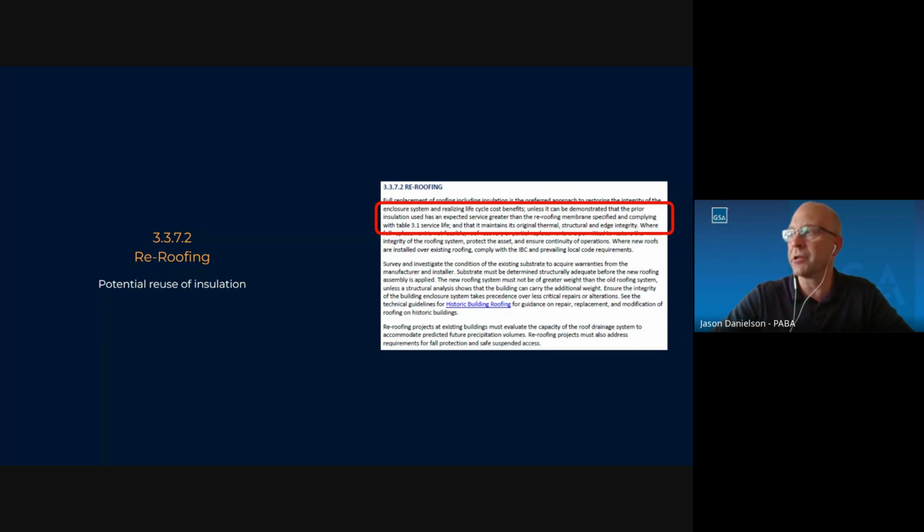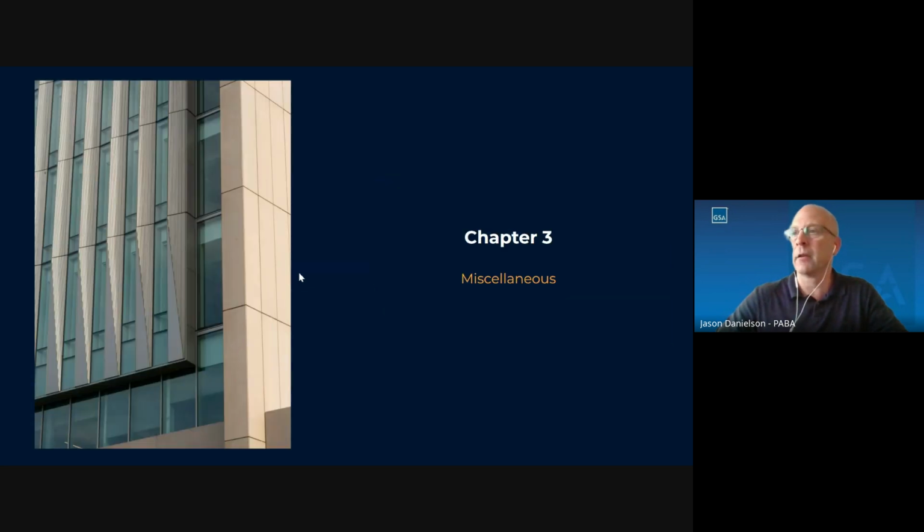We're talking about edge integrity, whether structurally it can be reused, as well as its thermal performance. If there has been a reduction in thermal performance, understanding exactly what that is. That's all I had for that section.